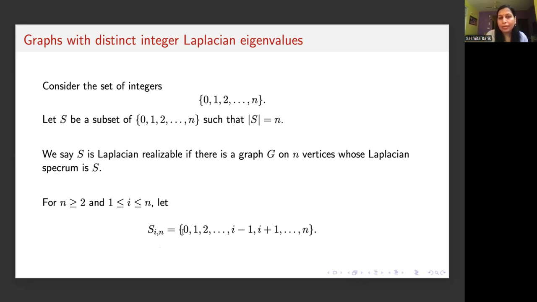If such a graph exists, we call S_{i,n} realizable by a graph, or Laplacian realizable.